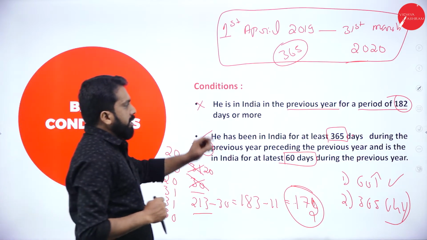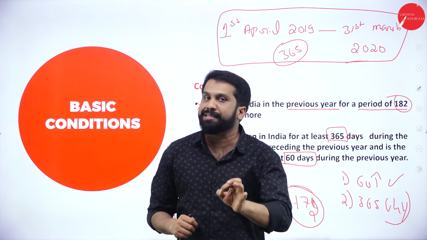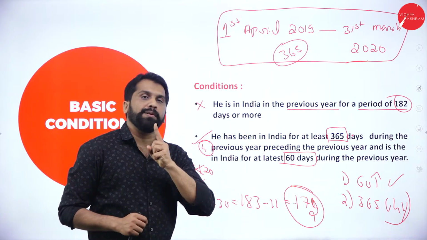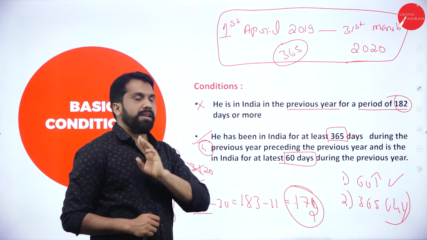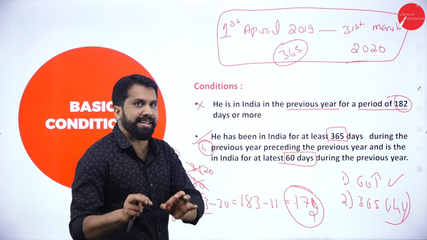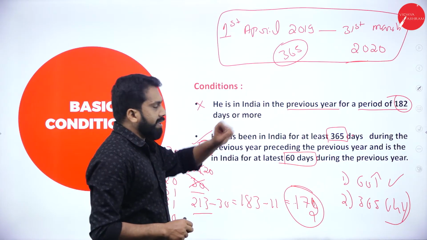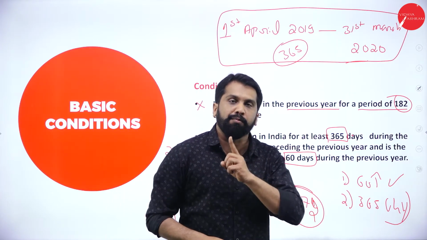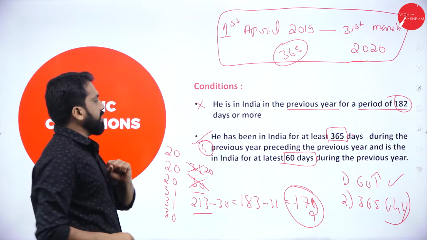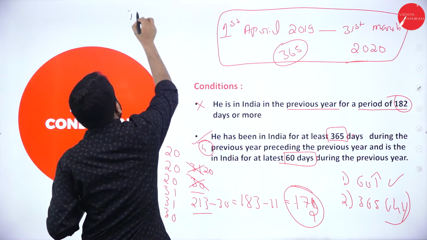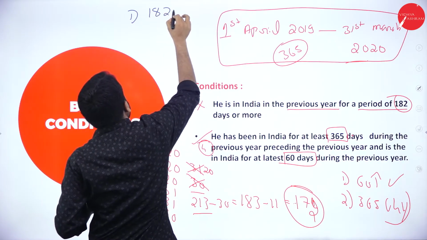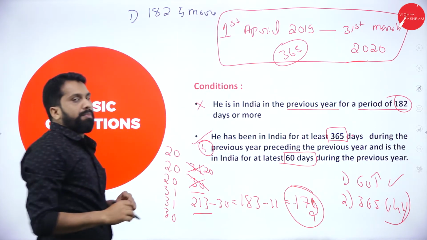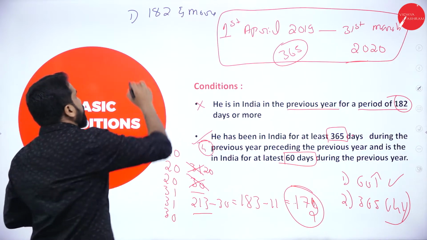Now, if you want to become a resident, out of these two, you should fulfill any one. Again, I'll repeat. If you want to become a resident, out of these two conditions, you should fulfill any one. What is the first one? He must be there 182 or more days. What is the second condition?